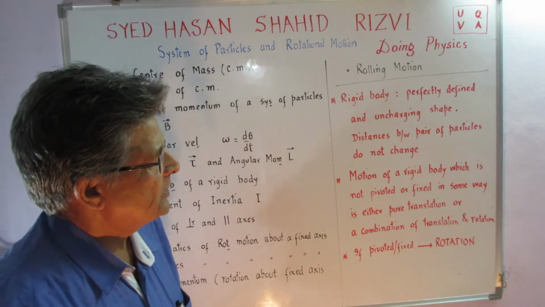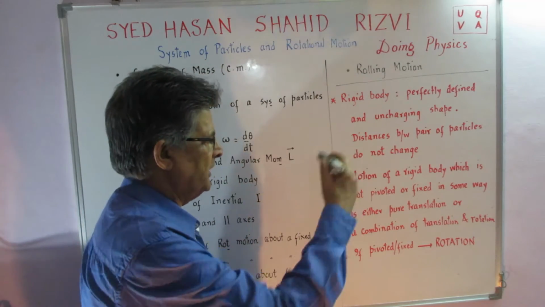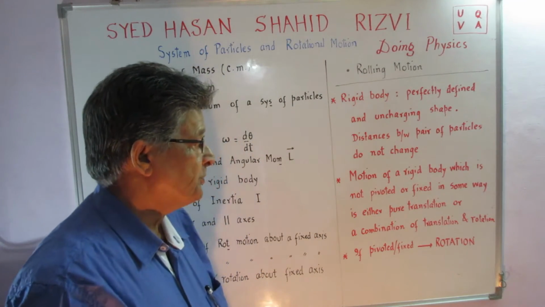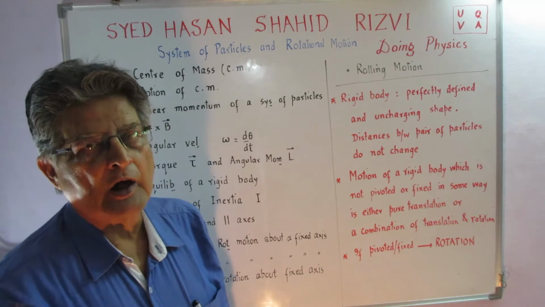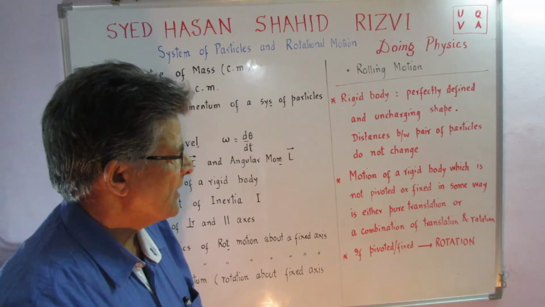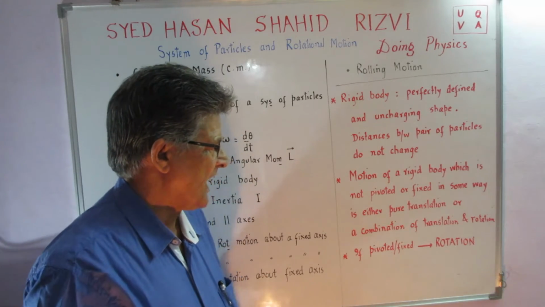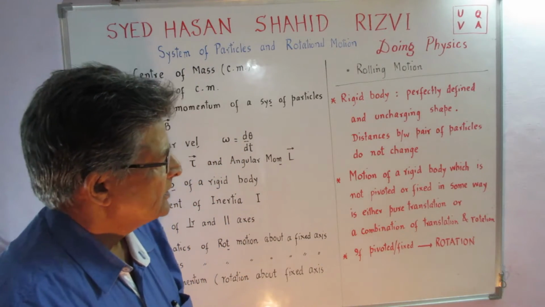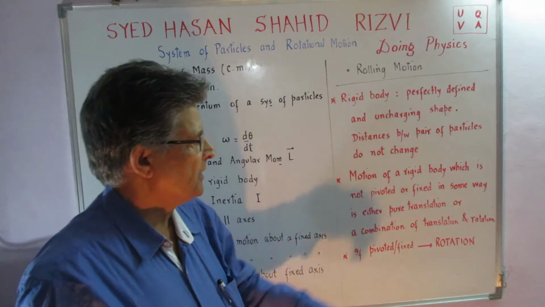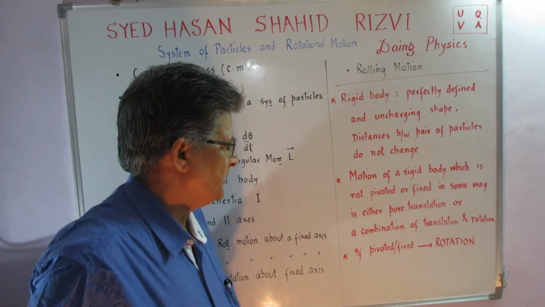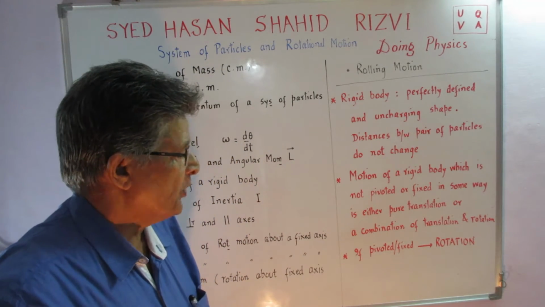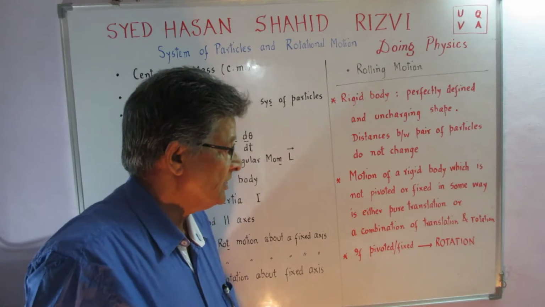The other thing is the motion of a rigid body which is not pivoted or fixed in some way, because in rotational motion you have a fixed axis or a pivot. Then that motion is either pure translation.